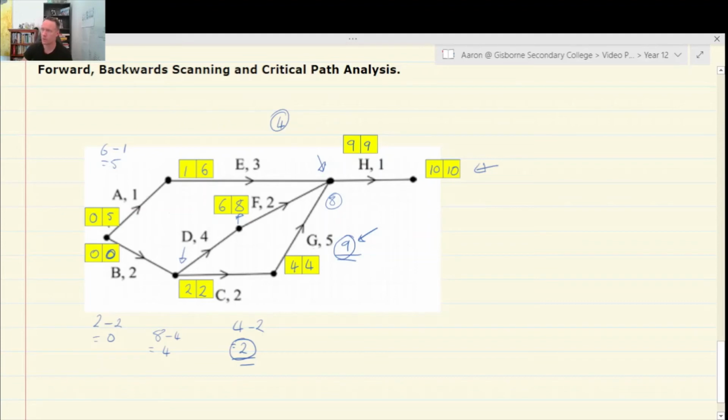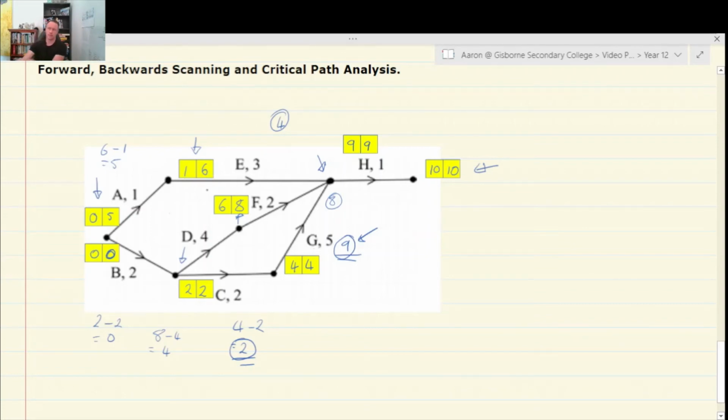So if we look along the path of AEH, we can see we've got float times of 5 hours for the start of E, and also 5 hours for the start of A. All right, but obviously if A starts at 5 hours, E can't start 5 hours later again.